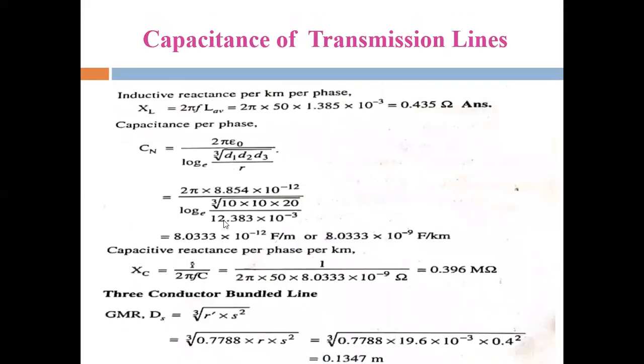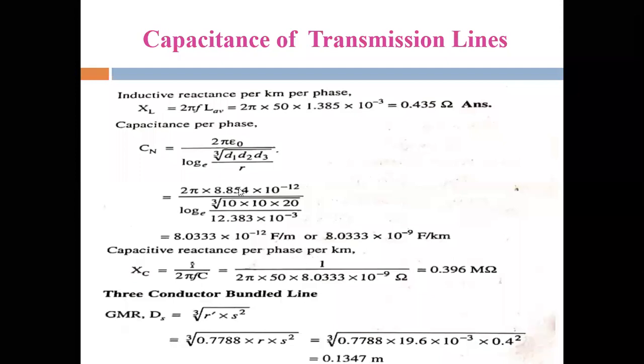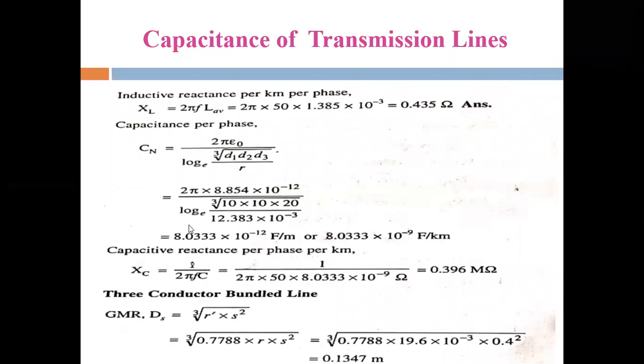Then D1 equals 10, D2 equals 10 and D3 equals 20, by R, where R is the R dash, that is 12.383 into 10 power minus 3.